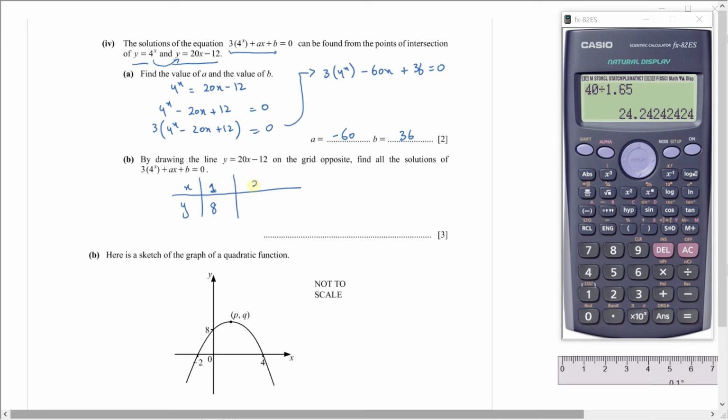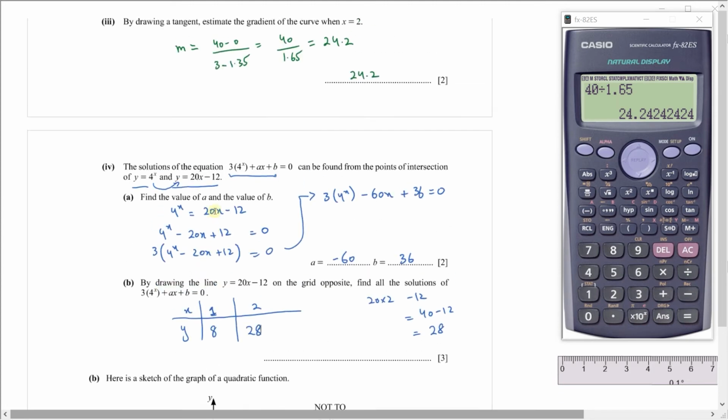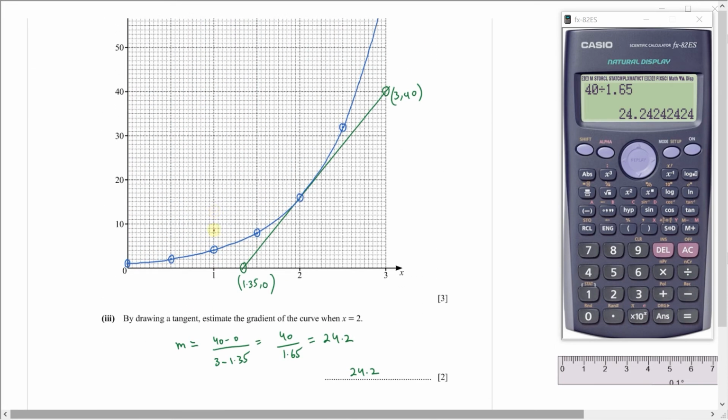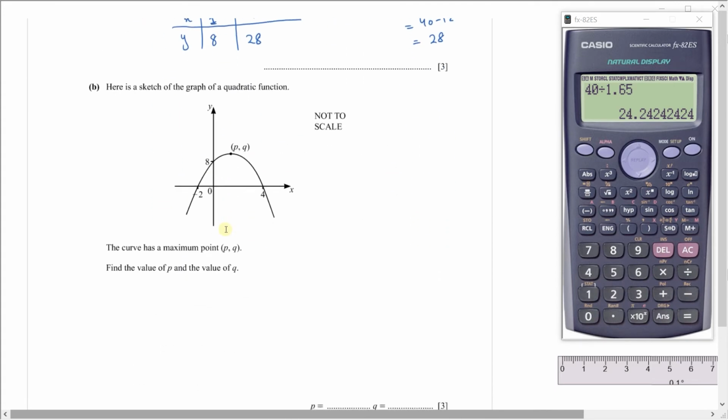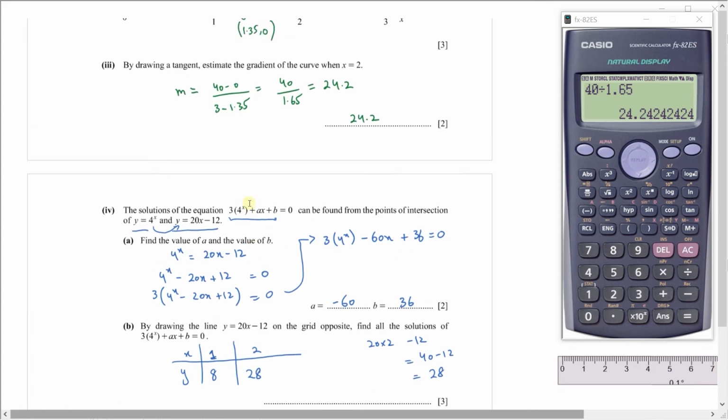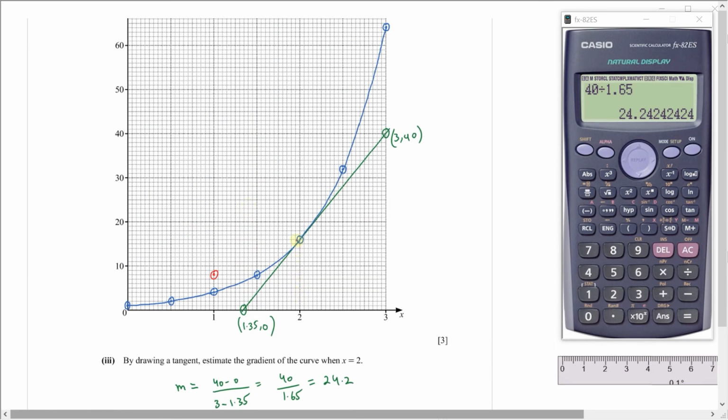And then let's take x equals 2. So 20 multiplied by 2 minus 12 will give me 40 minus 12, which is 28. So your y value is 28. Your first point is 1 and 8, so let's plot these. 1 and 8 will be this one. And the other point that you have is 2 and 28, which will be this point here.